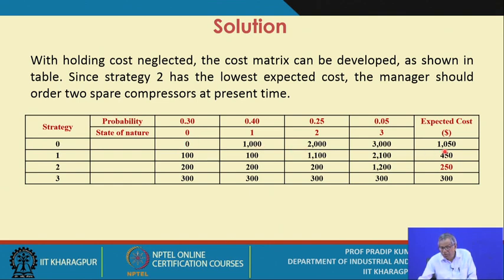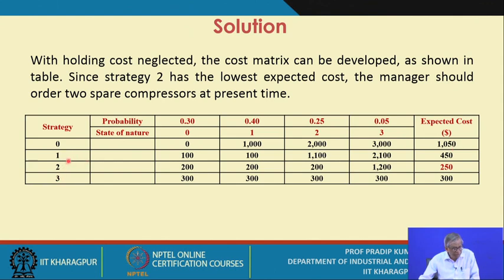Then, against each ordering strategy, you calculate the expected cost. Obviously, if the ordering strategy is 0, the expected cost will be 0 into 0.3 plus 1000 into 0.4 plus 2000 into 0.25 plus 3000 into 0.05. If you add them, you will get a value of 1050.